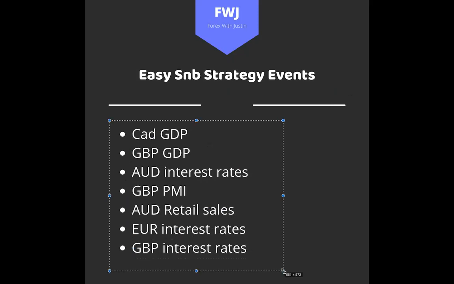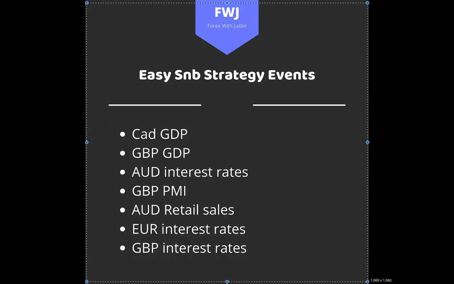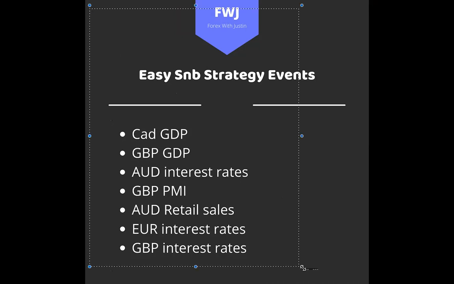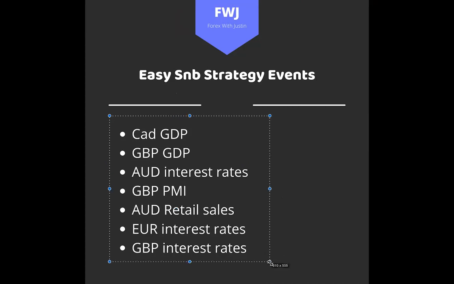These are the only events you should be trading the easiest SMB with. So I'll send you guys a screenshot of this on WhatsApp, or if you want, you could memorize the news events so that you don't have to be pulling out this photo every time you want to trade. Any news event that's not amongst these, we basically don't trade.